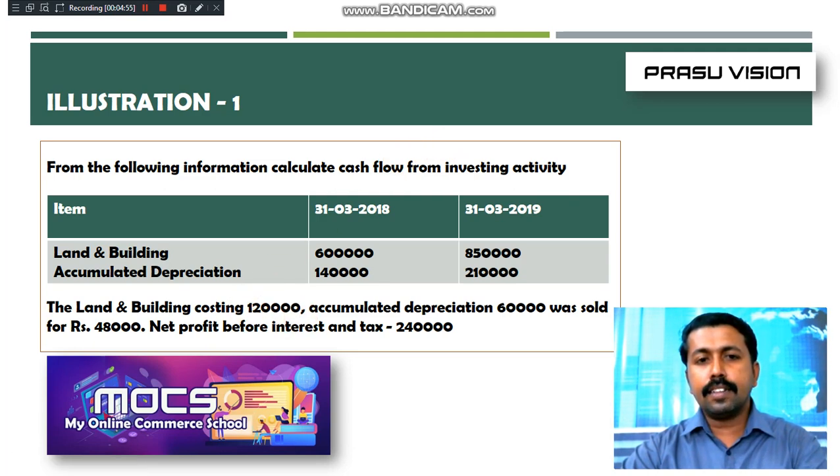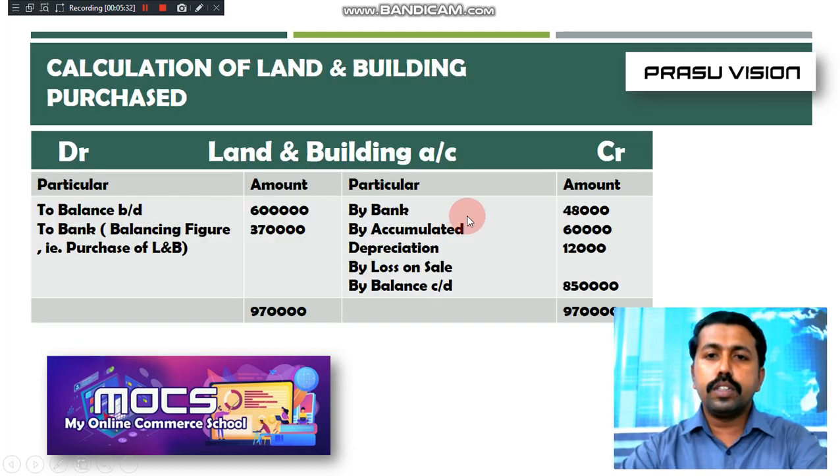After deducting the depreciation of 60,000, we get the market value, so the actual value of the asset is 60,000. It was sold for 48,000 only. So it indicates a loss. There is a 12,000 loss. The asset was sold at a 12,000 loss.